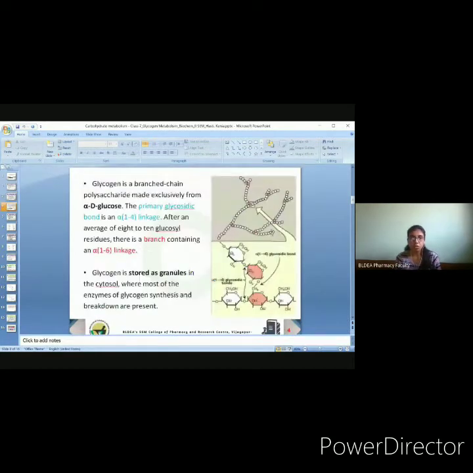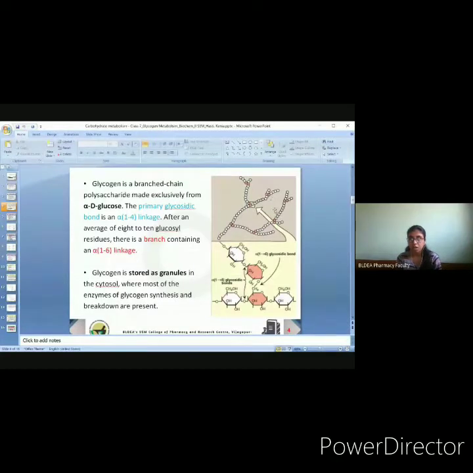Next, coming to the structure of this glycogen. You can see on the right side, there is a picture of a glycogen. The first is a whole structure of glycogen, and the second is a zoomed portion, showing how these different bonds are formed in the glycogen. Okay, so now this glycogen is a branched chain polysaccharide. You can see these different orange portions.